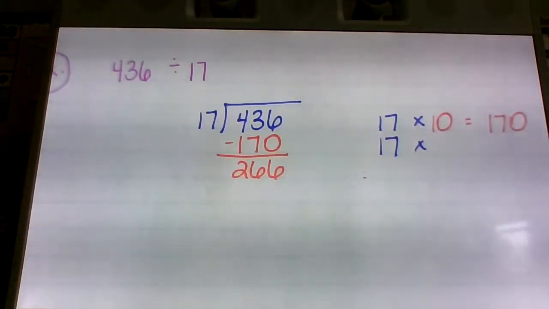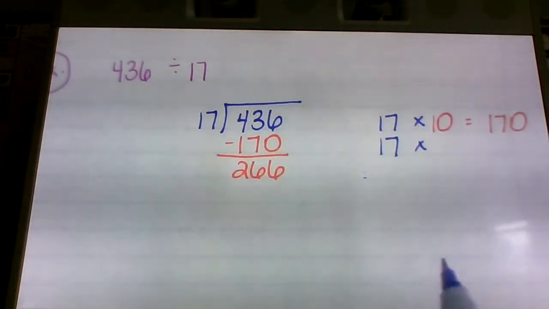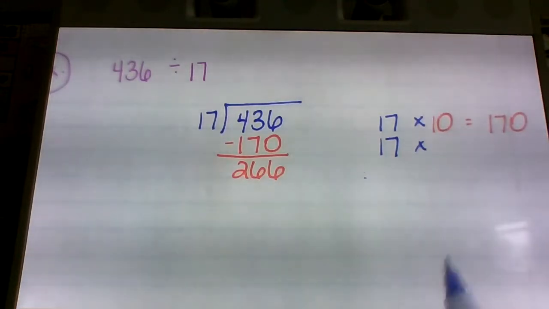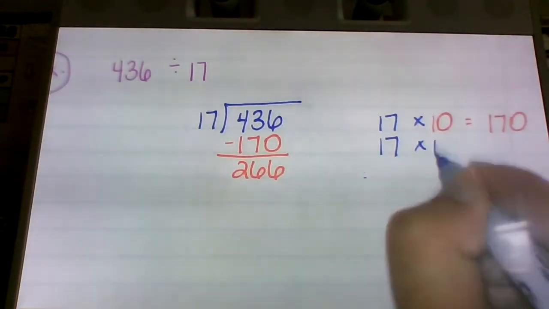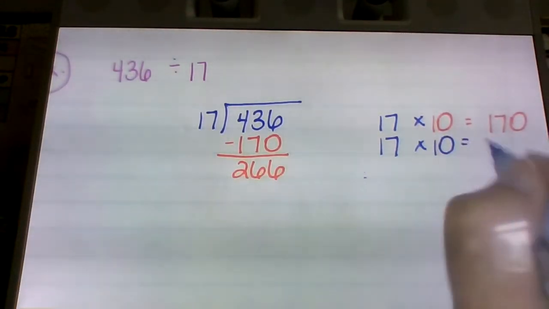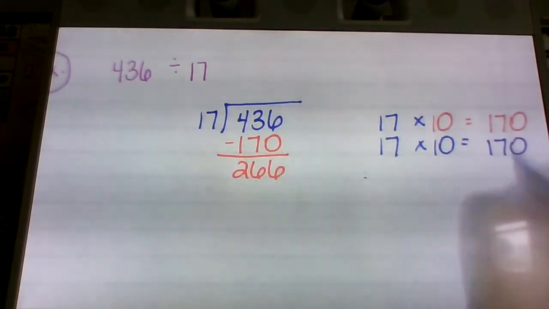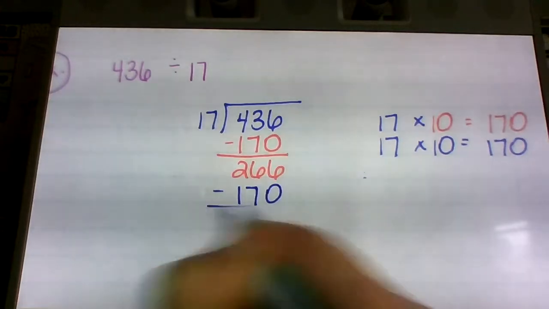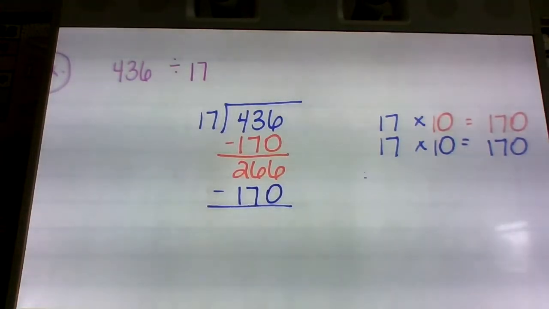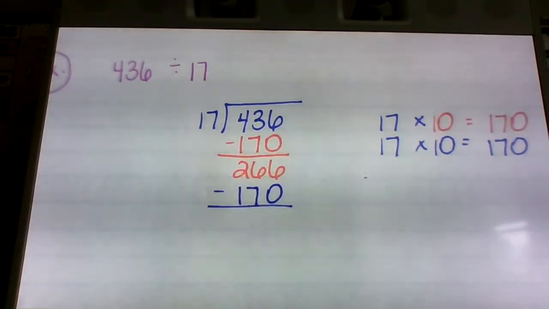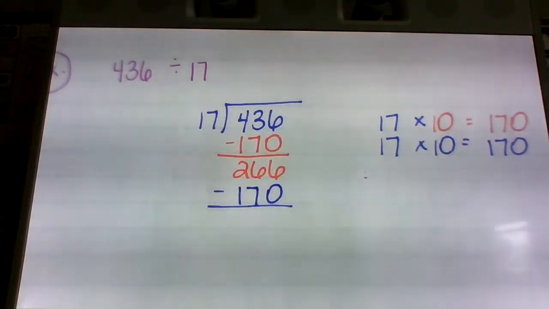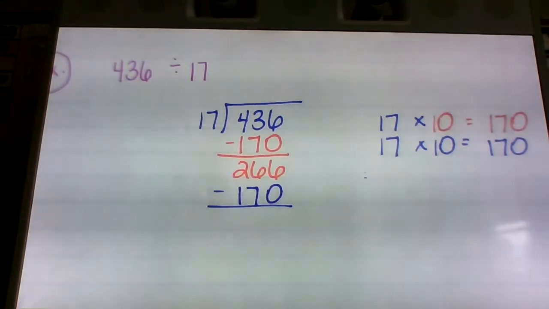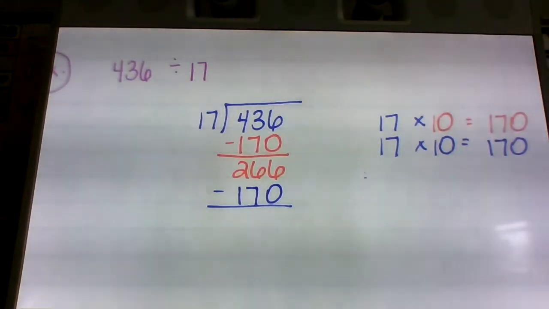Now I'm going to think, what partial quotient could I use that's less than the remainder? I'm going to try 10 again because I know that 17 times 10 is 170. So I'll subtract 170 again from the remainder. And that's going to leave me with 96.